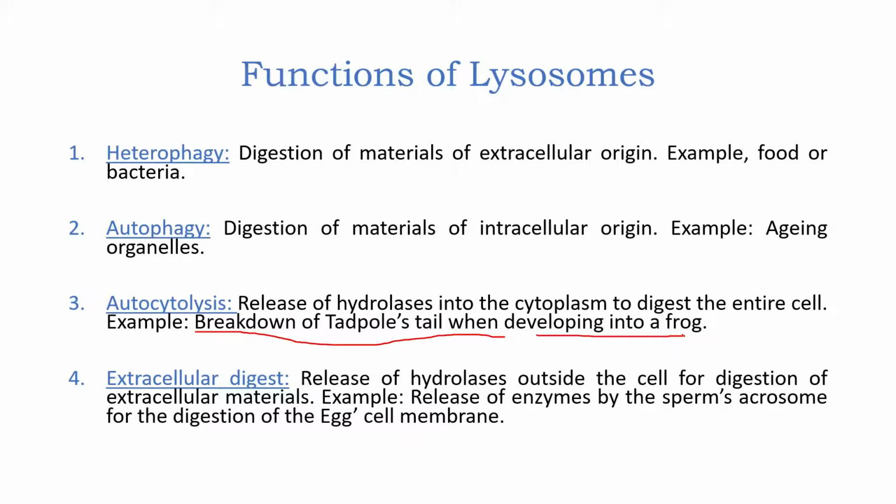That is when autocytolysis will occur in the cells of the tail. The acid hydrolases from the lysosome will be released into the tail cells of the tadpole, and the tail cells will be digested. Ultimately, the entire tail will degrade and the tadpole will develop into a frog. Obviously, other mechanisms will also accompany the tail degradation.